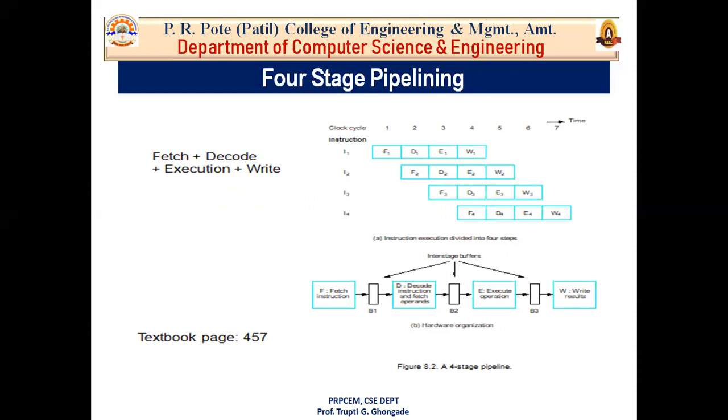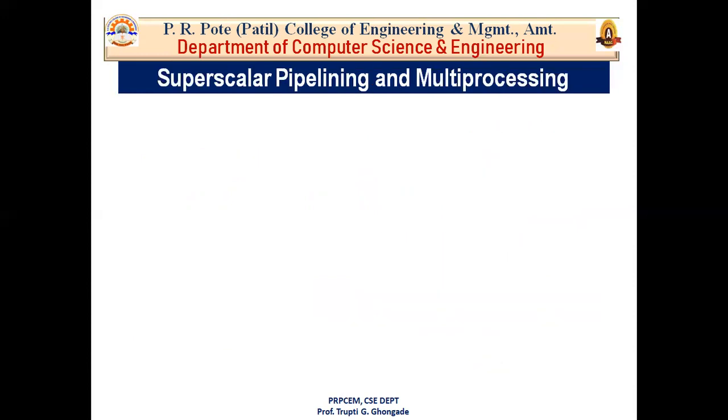Along with that, there is another concept, that is 5-stage pipelining. So 5-stage means there should be 5 phases of an instruction. Let's consider there are 5 instructions. Now, 5 stages and 5 instructions. What is the formula?